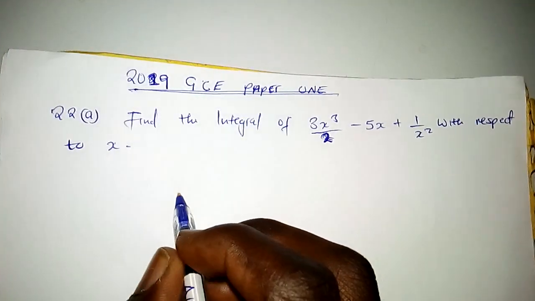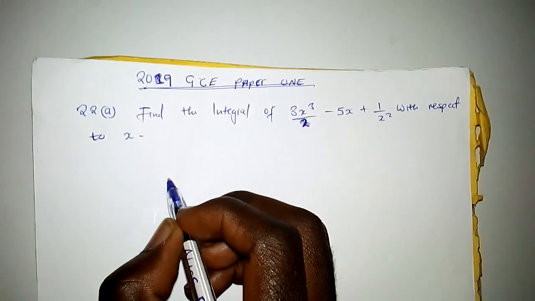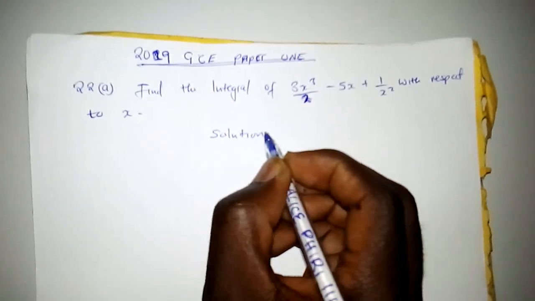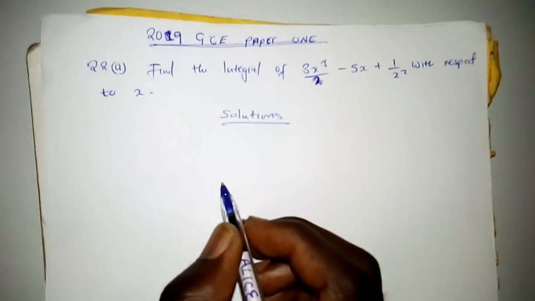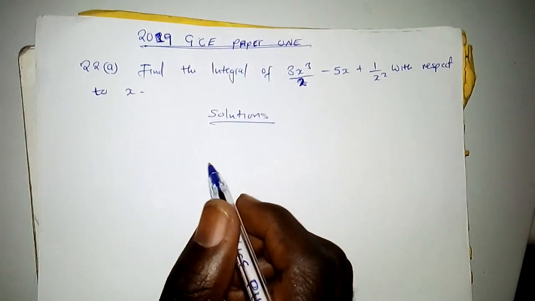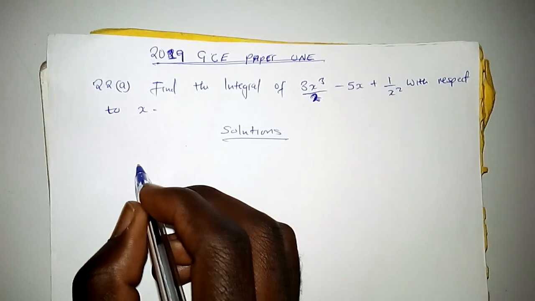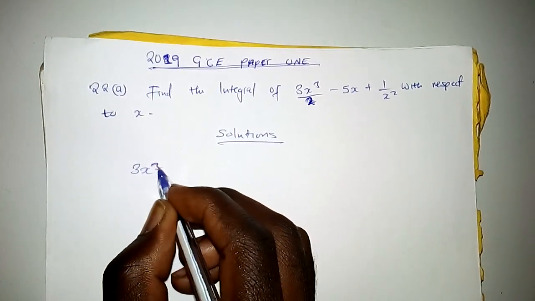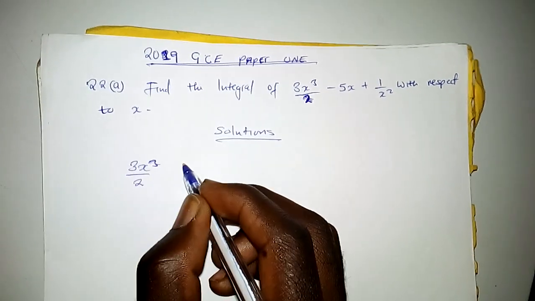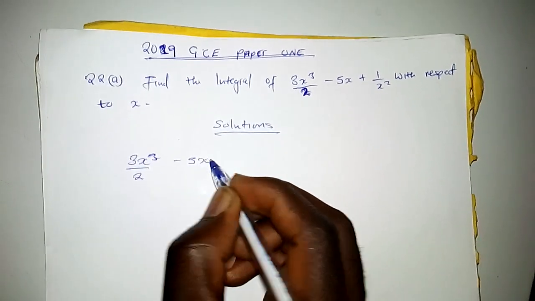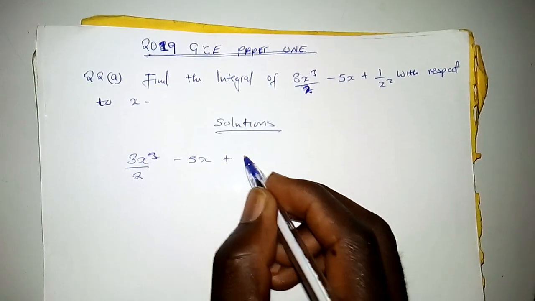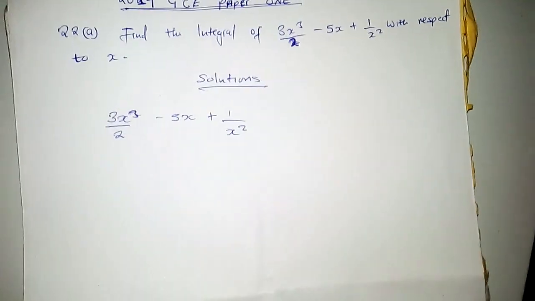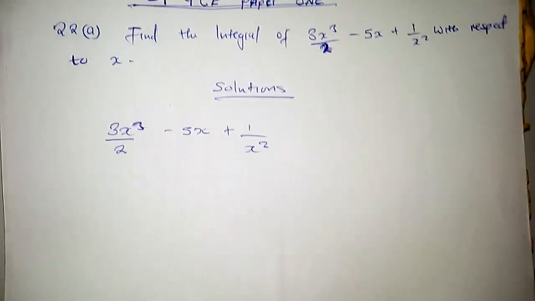So I'm going to say, let me write solutions. So I have 3x to the power 3 over 2, then minus 5x plus 1 over x to the power 2 with respect to x.